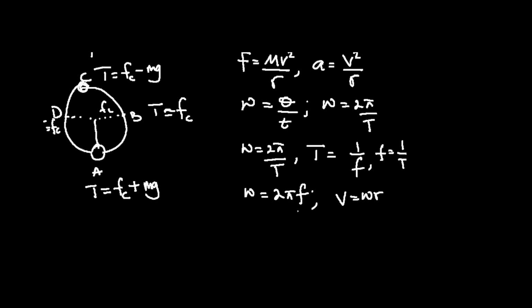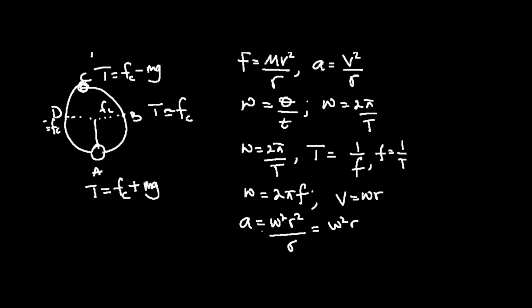So if this is linear velocity, then our centripetal acceleration, which is v squared over r, can be written as omega squared r squared over r, and this can just become omega squared r.